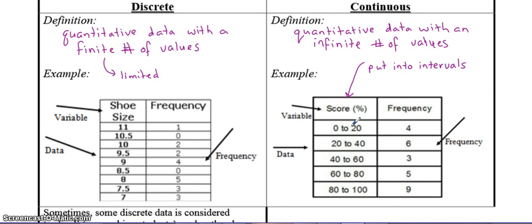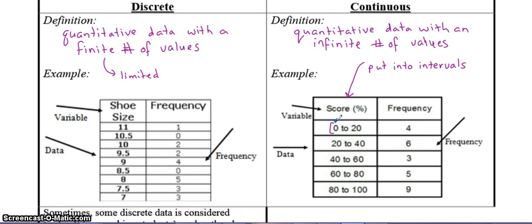You can have an infinite number of values, anything from 0 to 20, all the decimals and everything in between. Now you might notice that the 20 is in those two categories. So what would happen is if you had a value of 20, it would go in the higher interval.